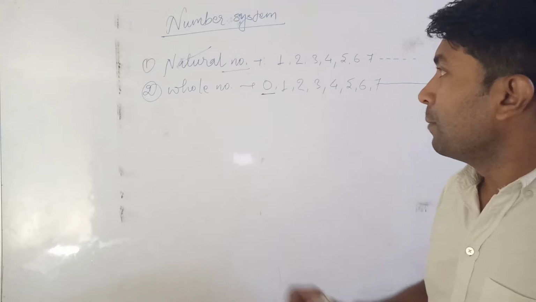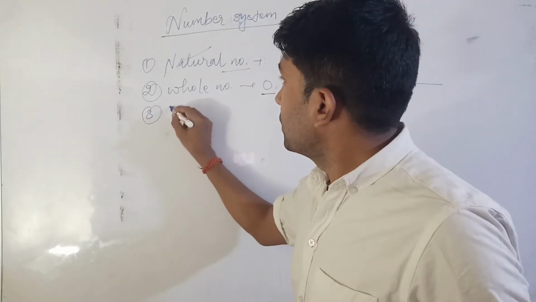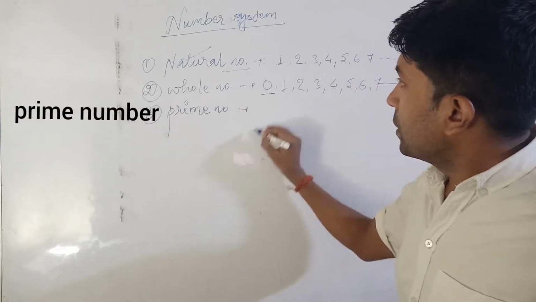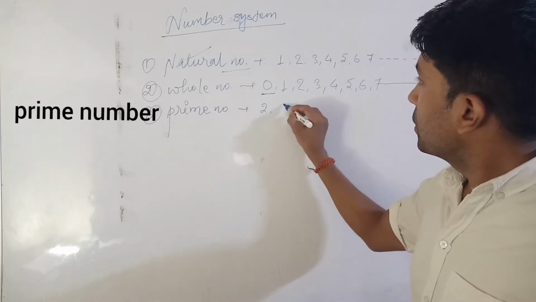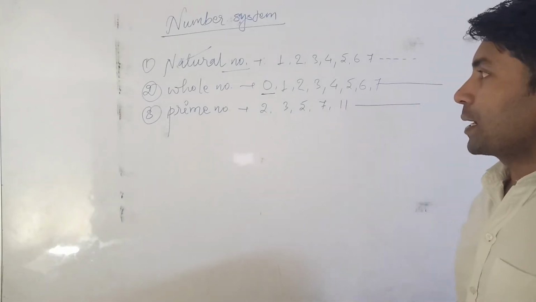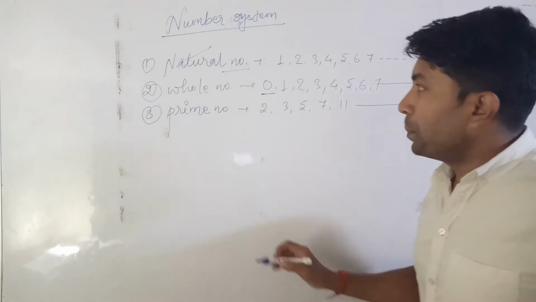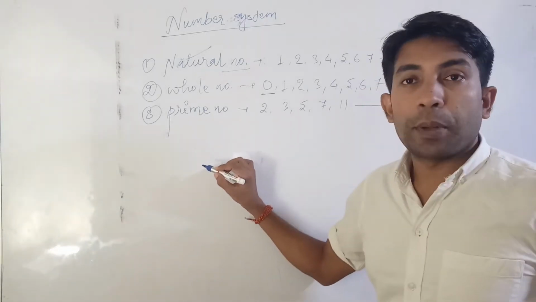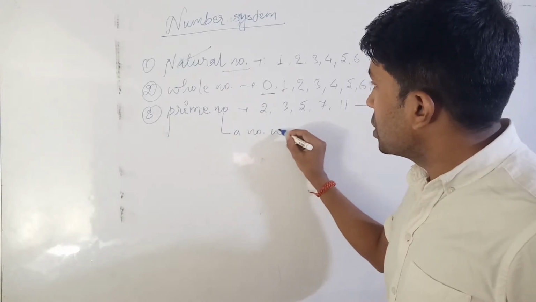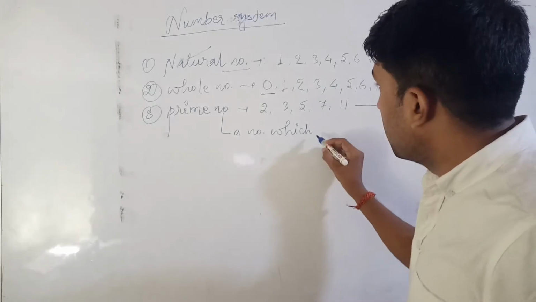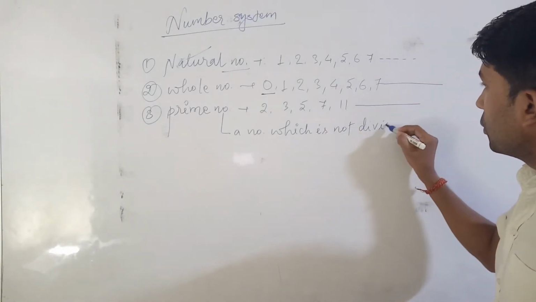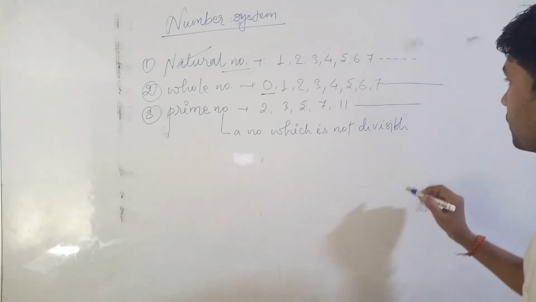Next, point number 3, what is a prime number? Prime numbers are 2, 3, 5, 7, 11, etc. What is the basic definition of a prime number? Point number 1, a number which is not divisible.